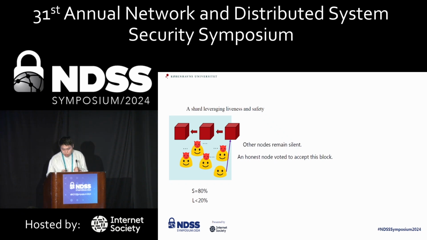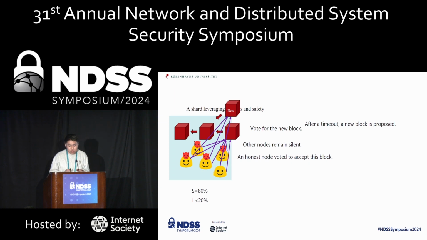Now after timeout, a new block is proposed, so this honest node votes again for this new block, because to its knowledge the first block did not reach a consensus. Now the other nodes vote for both blocks. In this case, we will have 2 accepted blocks of the same height, which is not allowed.